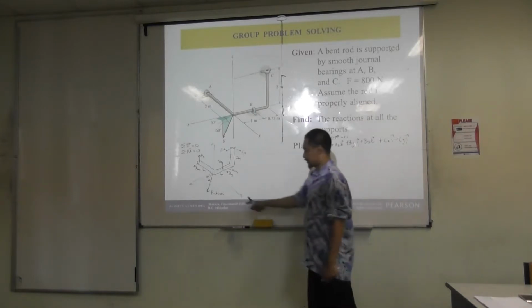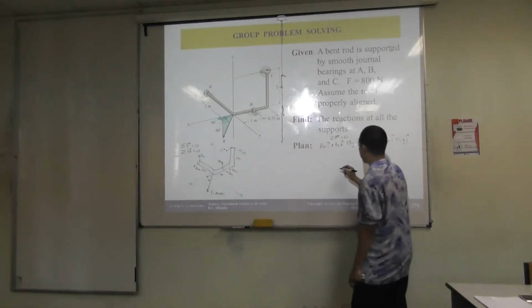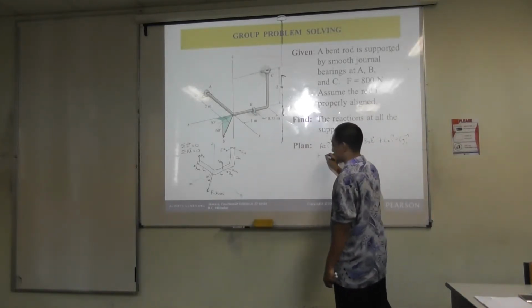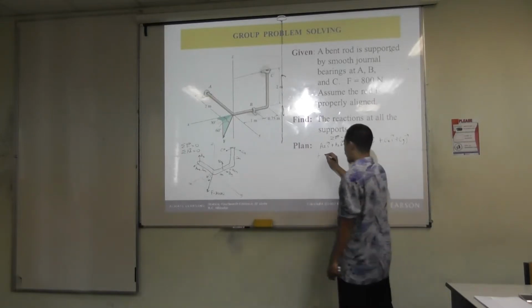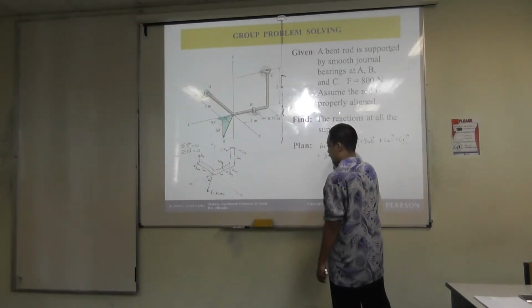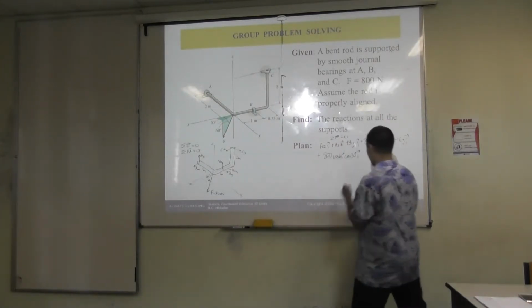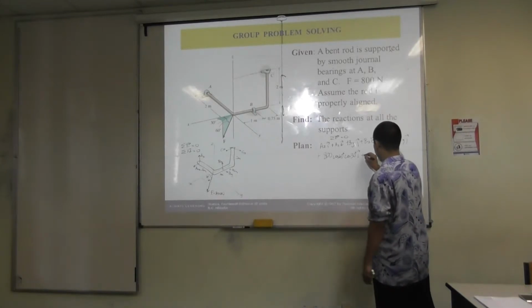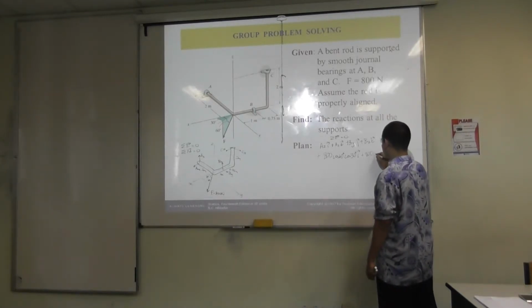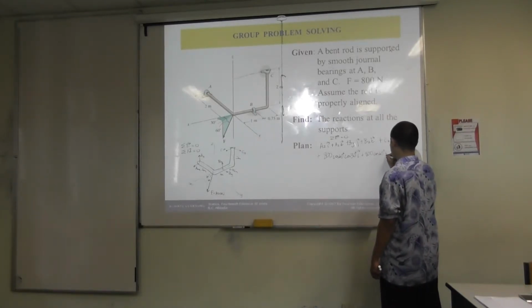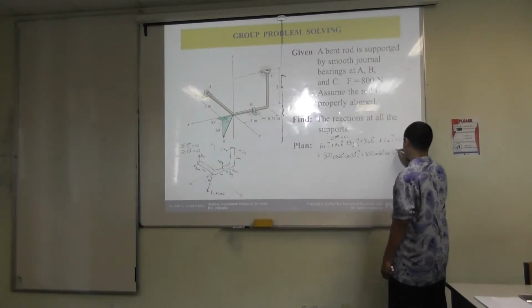And then for this 800, what is the X component? 800 cos 60 cos 30 i. And for j, plus 800 cos 60 sin 30 j.